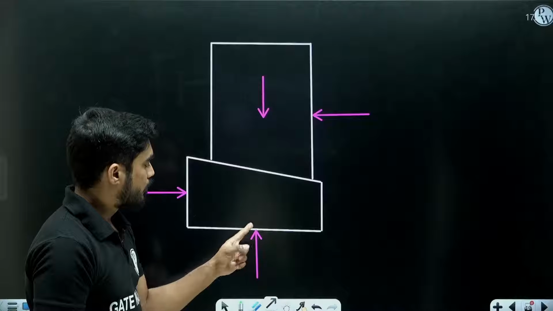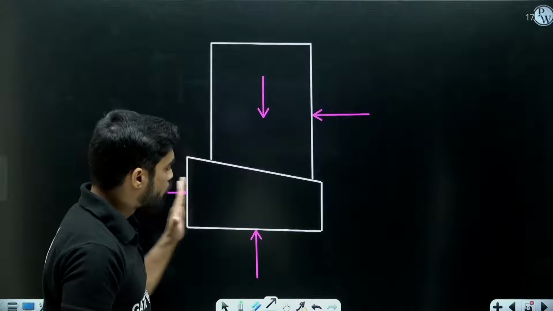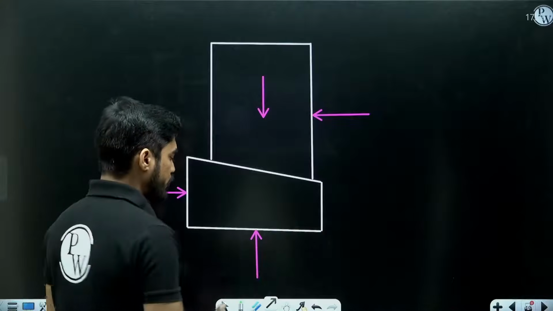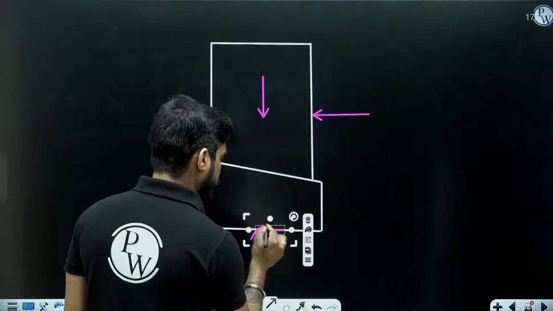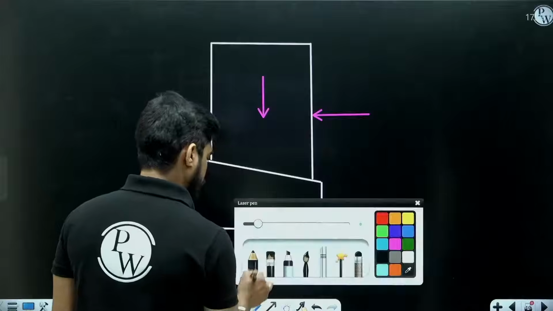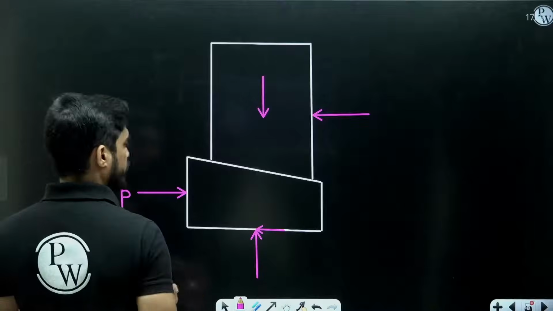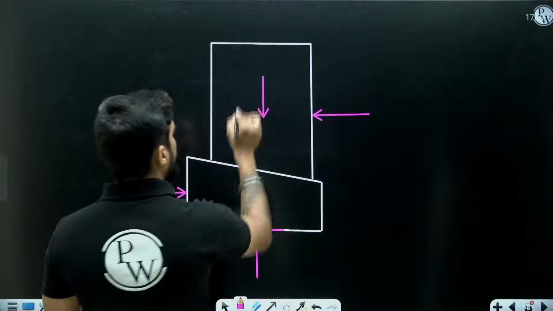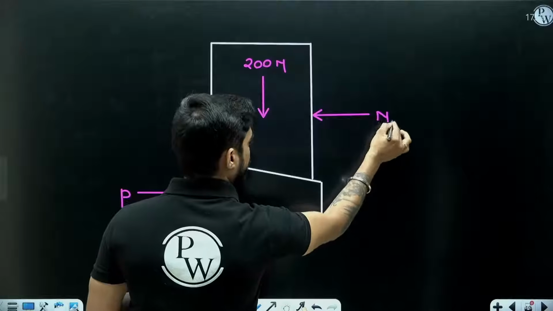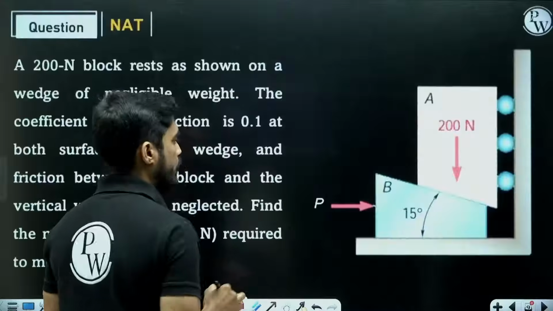Okay. But here you will get friction force, right? Now, if the wedge is about to move towards right, due to impending sliding, the friction force will be towards left. So this is P. This is 200 Newton. Let me call this N1. This is N2 and this is mu N2.